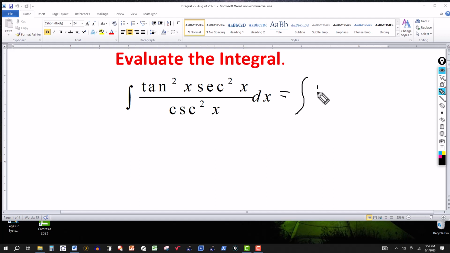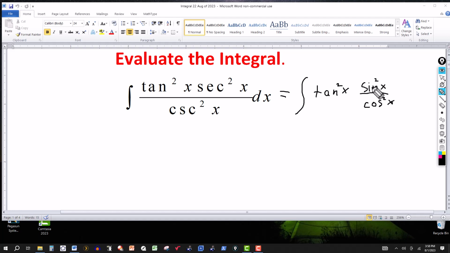So what I've got then is the integral of tangent squared x, and taking the cosecant to the numerator, that becomes a sine of x. Secant squared to the denominator becomes a cosine squared of x.